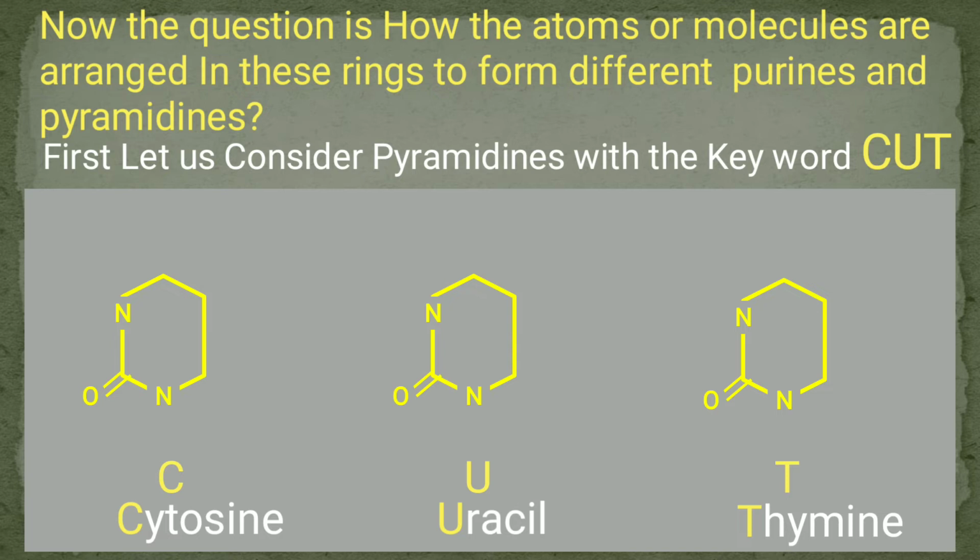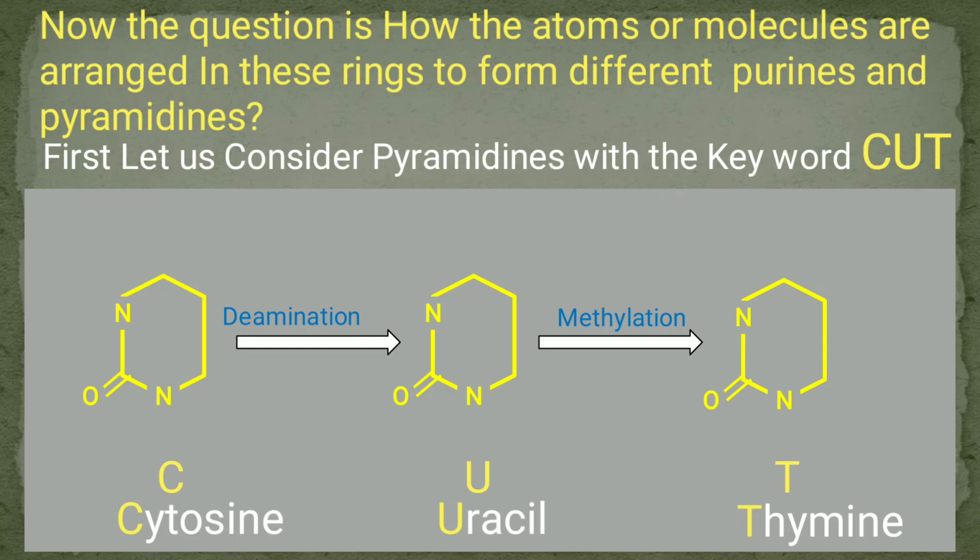Now we have to remember that cytosine undergoes a process by which it is converted to uracil, and uracil in turn undergoes another process by which it is converted to thymine. The process that converts cytosine to uracil is deamination, and the process that converts uracil to thymine is methylation.